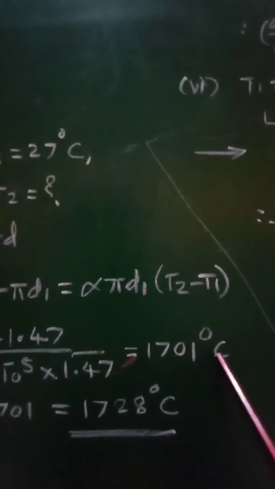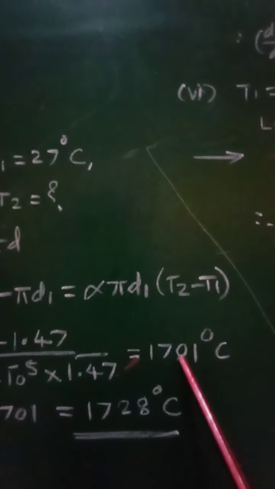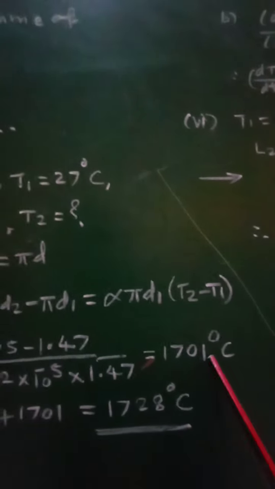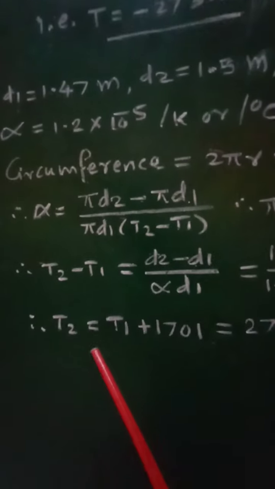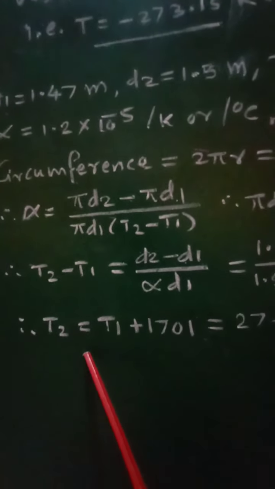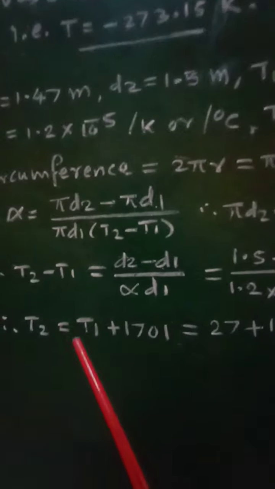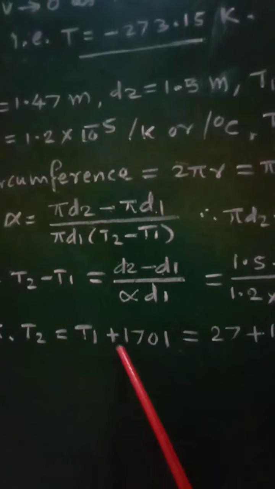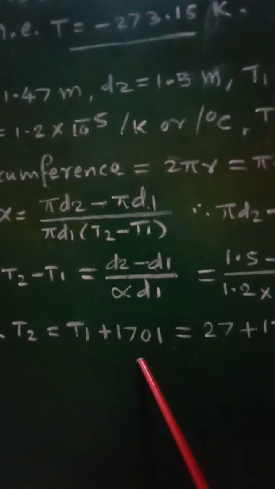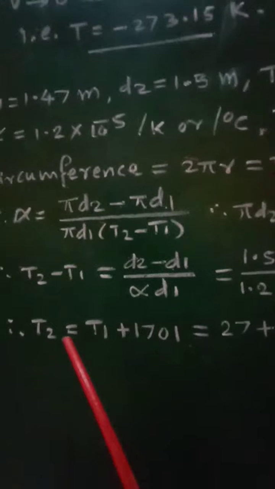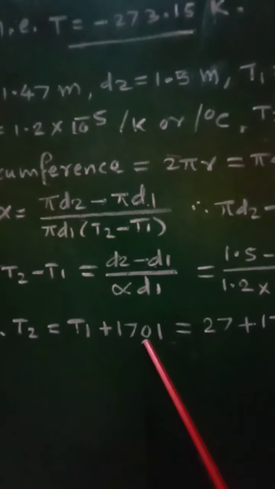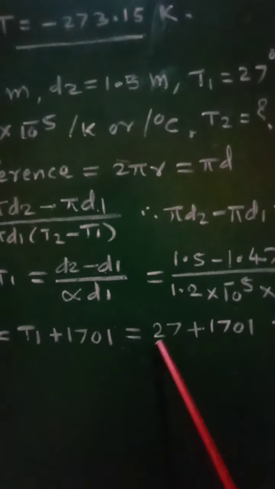1701 degrees Celsius. And from this we can find out the final temperature T2, as T2 minus T1 is equal to 1701. Therefore T2 will be equal to T1 plus 1701, and therefore T1 is 27.